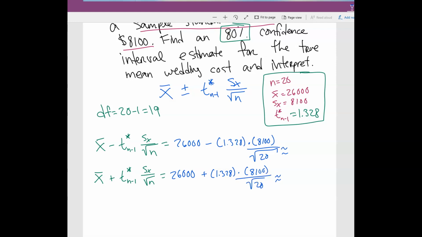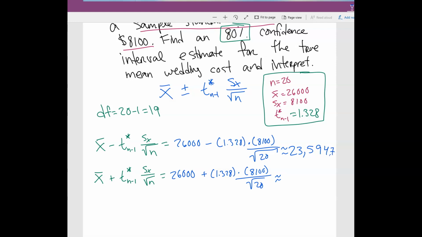Okay, so let's go ahead and use our calculator to calculate all of that. 26,000 minus 1.328. Multiply this by 8,100, and then divide it by the square root of 20. And what I end up getting for the lower bound is 23,594 with around 70 cents, okay?